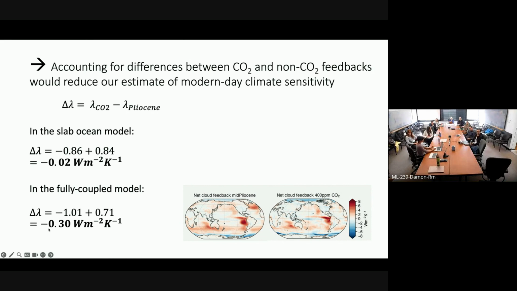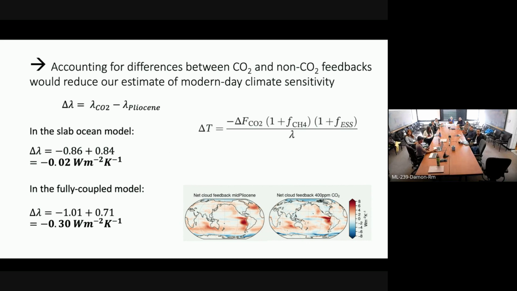In our fully coupled model, we're arriving at a pattern effect estimate that's actually quite similar to what Vince was showing with the data assimilation approach. And just to echo what he was showing, we do get more positive cloud feedbacks in the Pliocene than we do in our CO2-driven case.